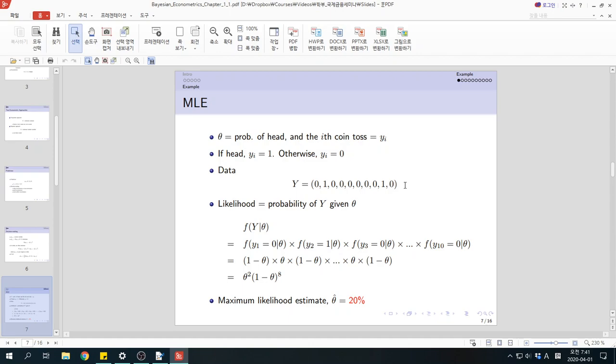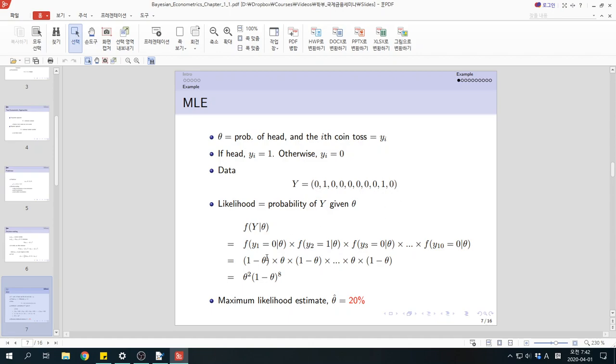To maximize the likelihood, we should be able to specify it. As you know, the likelihood is simply the joint density of the observations given the parameter. These 10 events are independent, so the joint density of y is simply the multiplication of these 10 independent events.